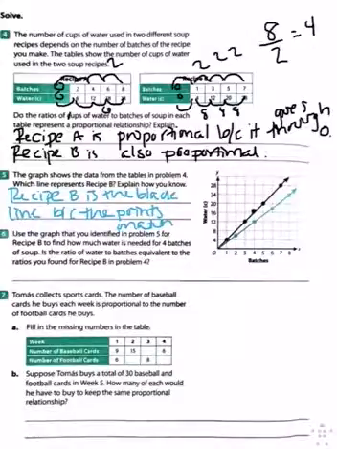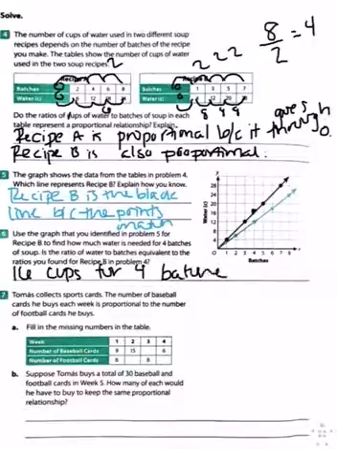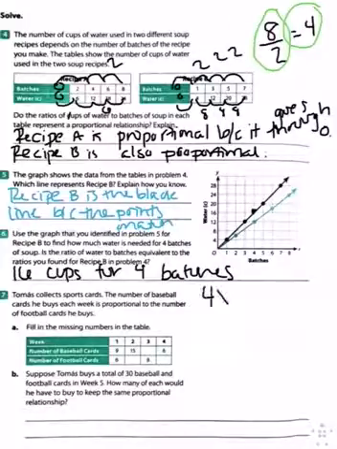So it should take us 16 cups of water to make 4 batches. If you follow it, our ratio was 8/2, which simplified down to 4 cups. 4 cups per batch. If we have 4 batches, 4 times 4 gives us 16. And so our answer is correct.